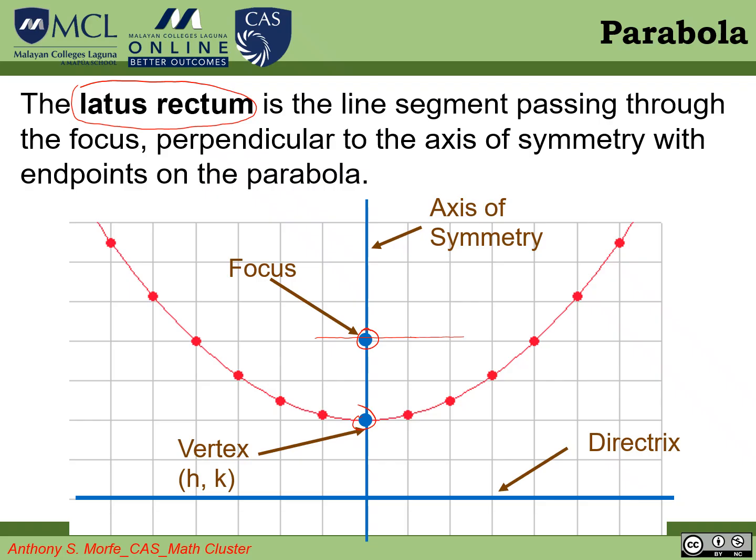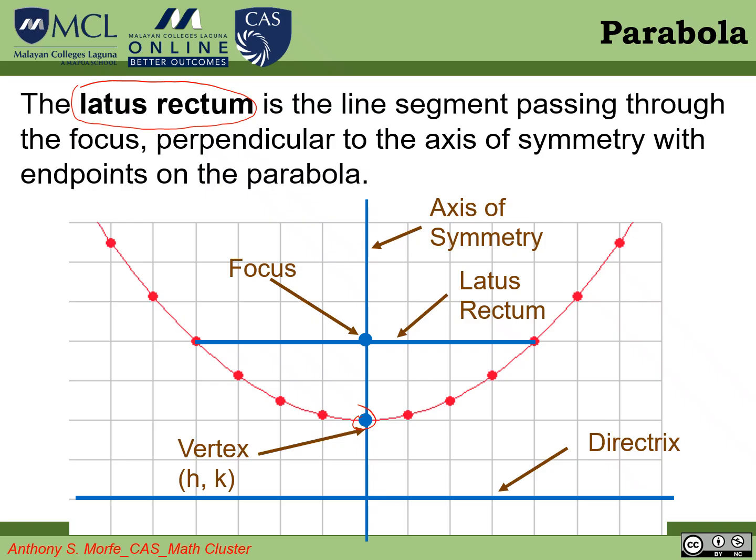So it will end here, and it will end here. Normally we are asked to find the coordinates of this point and also the coordinates of this point. So that is what we call the latus rectum: the line perpendicular to the axis of symmetry passing through the focus.